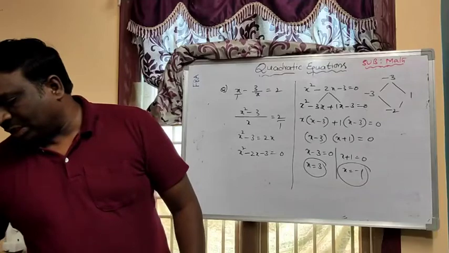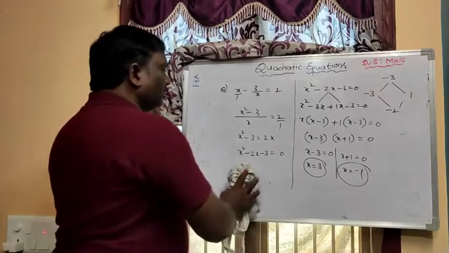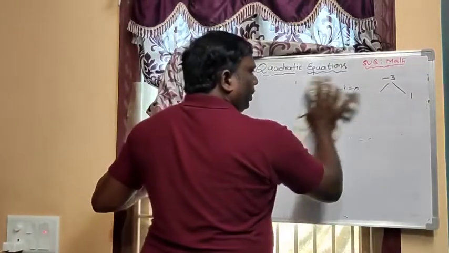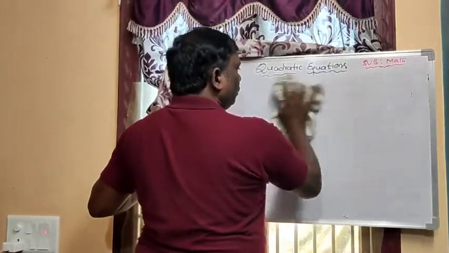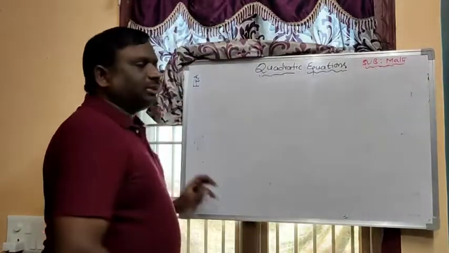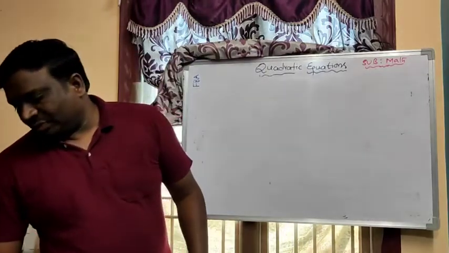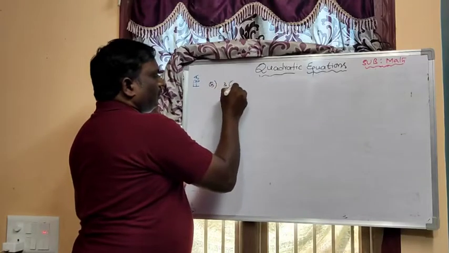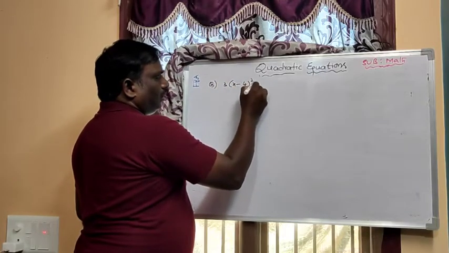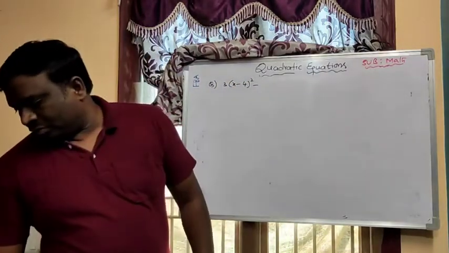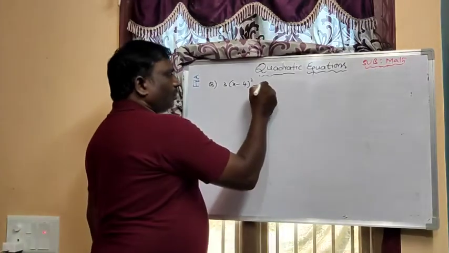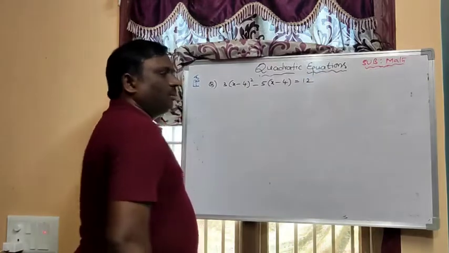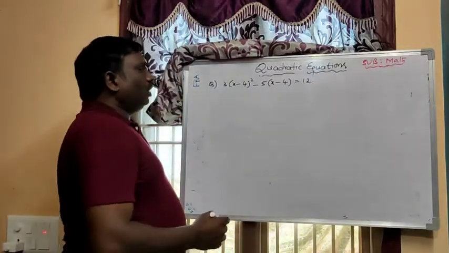This is in this model: 3(x − 4)² − 5(x − 4) = 12.